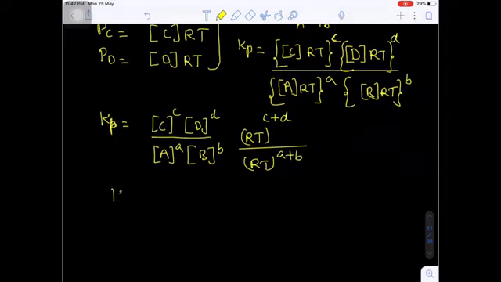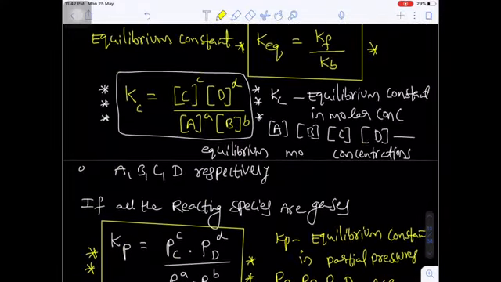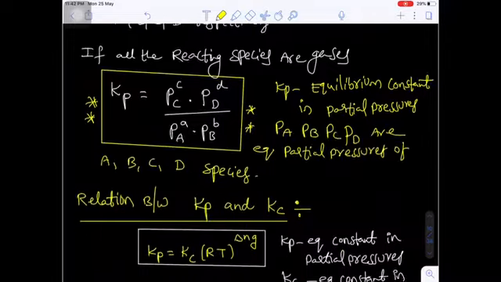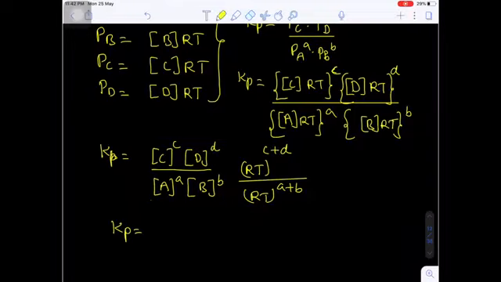Now in the next step, do you know this is the Kc expression? Yes, you see the Kc expression here. Instead of that expression I am writing Kc. So Kp is equal to Kc multiplied by RT whole to the power c plus d minus a plus b.